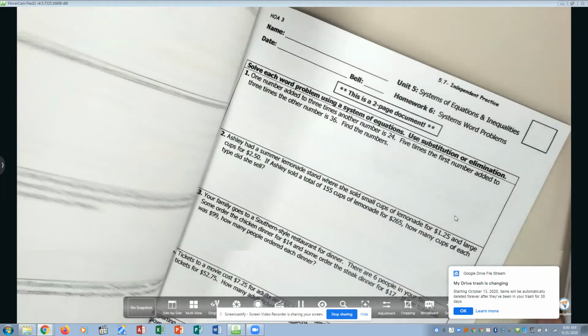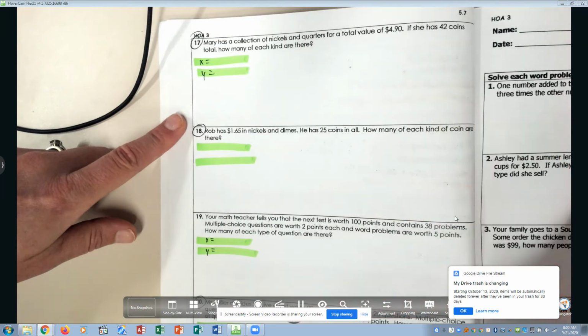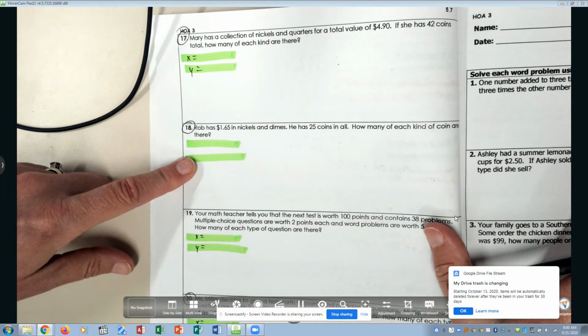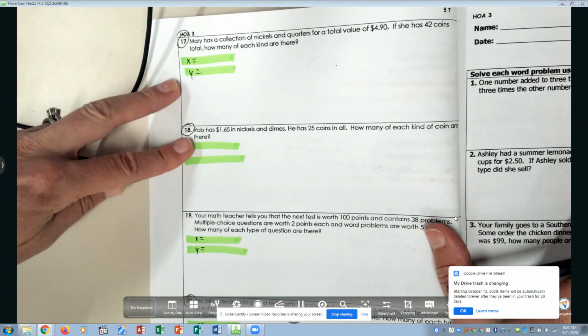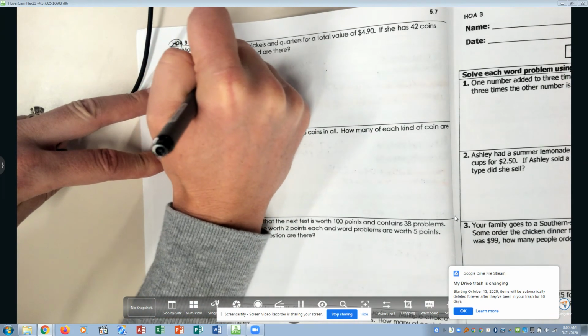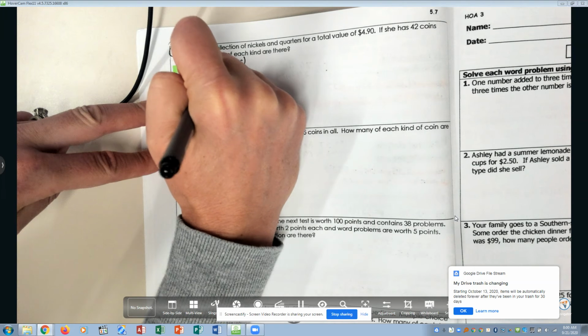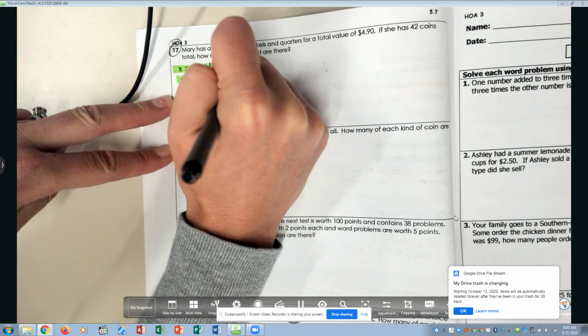Okay. So you guys are going to try 17 on your, or no, I'll do 17 with you. You guys can try 18. Actually, try 17 and 18, please. All right, 17, nickels, that's 0.05 per nickel, and quarters, that's 0.25.